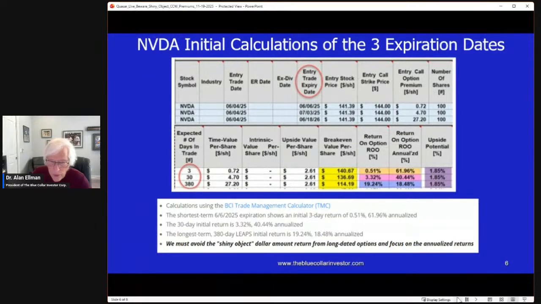What that means is the additional amount of cash that we can generate into our account if the price of NVIDIA goes from 141.39 current market value up to that 144 strike. Again, we use the same strike in all 3 expirations. And that represents an additional cash profit of 1.85% if NVIDIA does in fact move past the 144 strike.